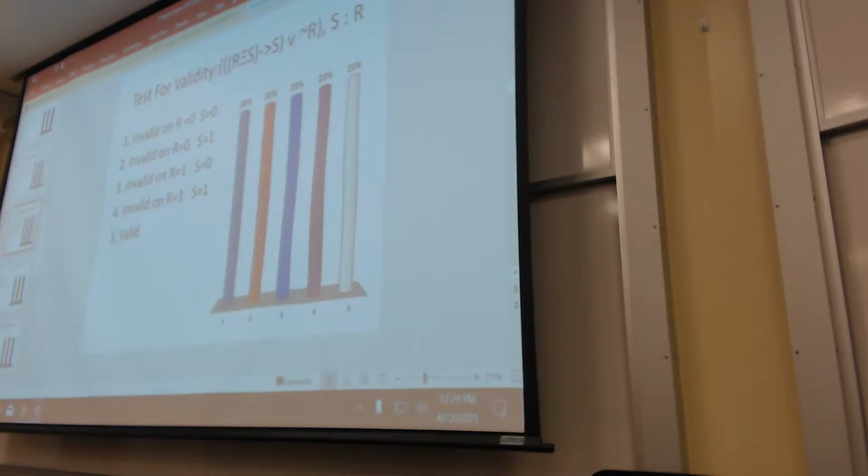When we plug that in, the triple bar is going to be false. S is going to be true. That arrow statement is going to be true. R is going to be false, but it's going to be negated to true. We'll have a true on the OR, and that will give us an invalid set of values when R is false and S is true.